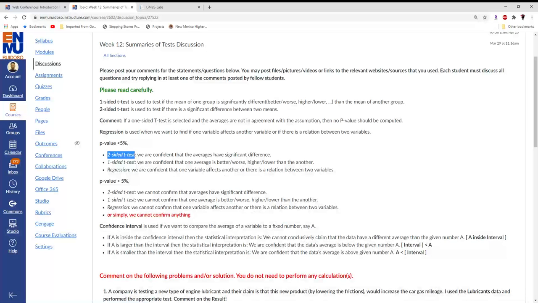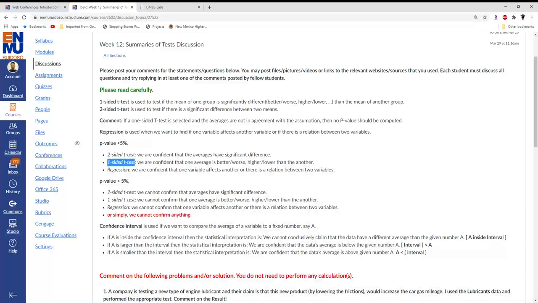If the p-value is less than 5% for a one-sided t-test, we can write that we are confident that one average is better or worse, higher or lower than the other. For regression, we are confident that one variable affects another, or there is a relationship between two variables. We can even say that the slope is positive or negative.